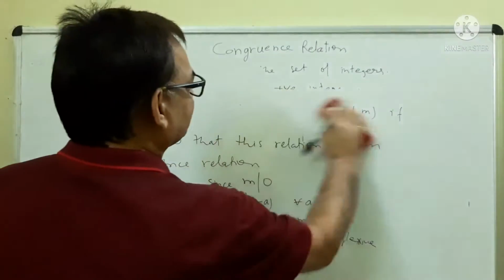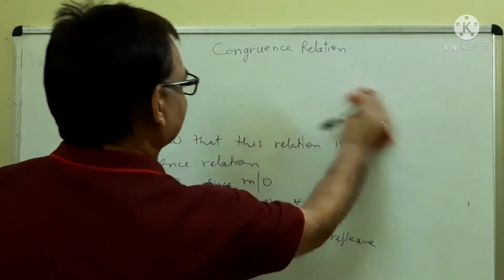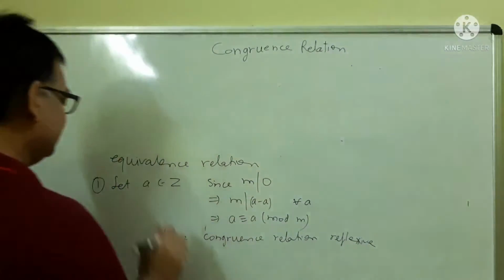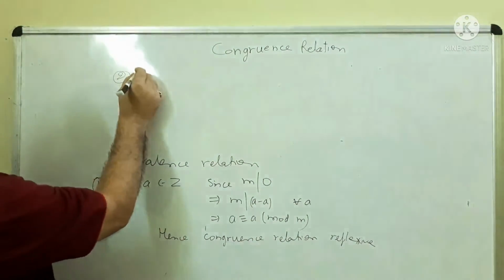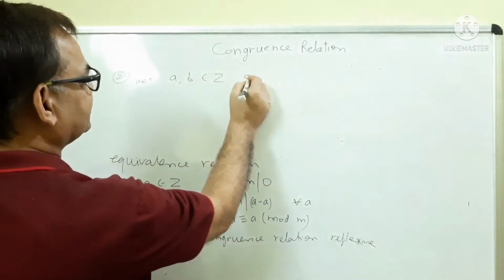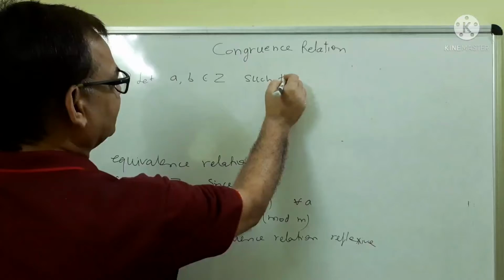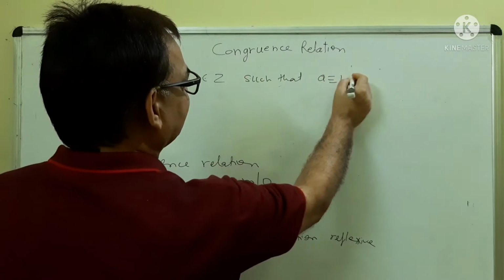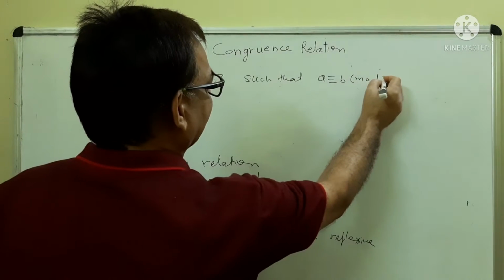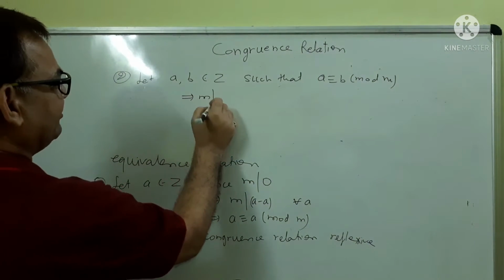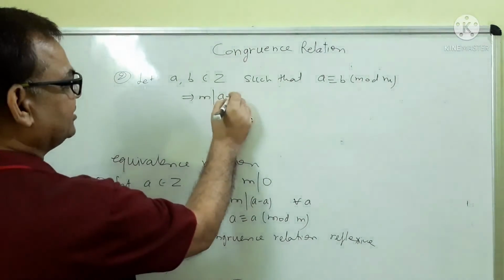Number 2, let a, b belong to Z such that a is congruent to b mod m, implies m divides a minus b.